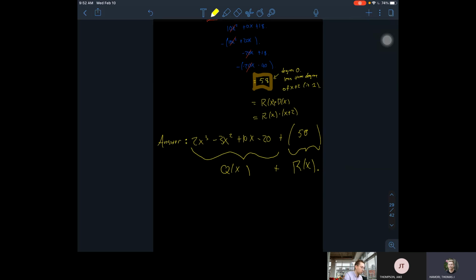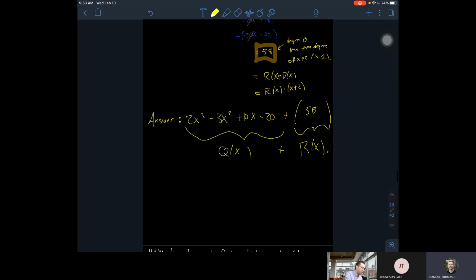We established that 58 equals r of x times d of x. Therefore, r of x should be equal to what? If I want to isolate r of x in this equation here, what should I do?